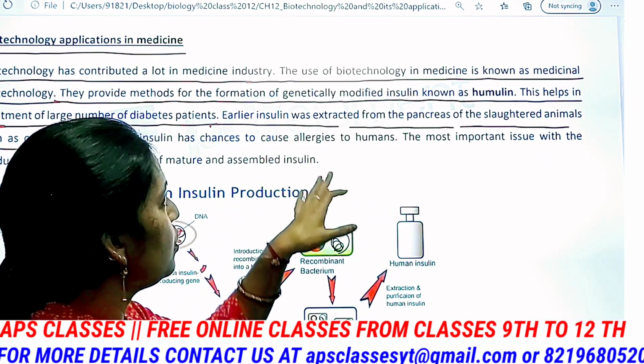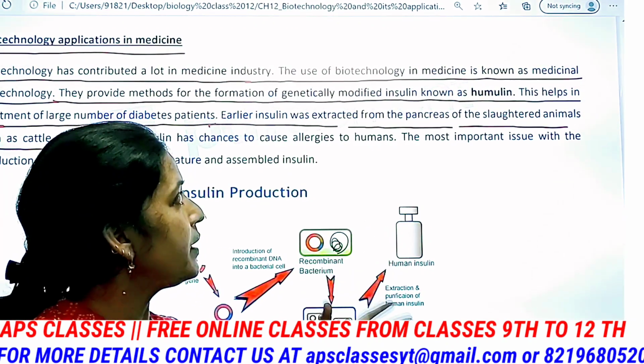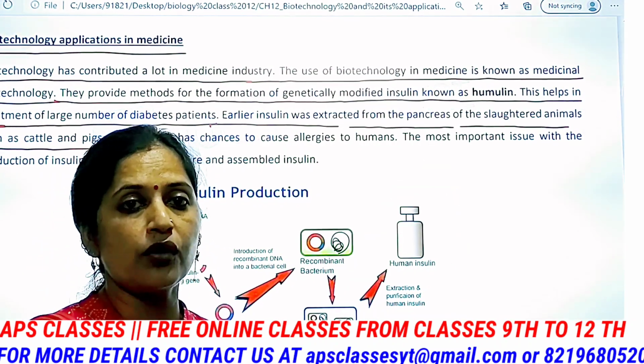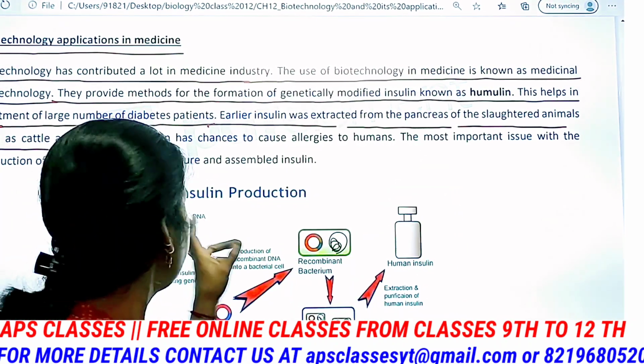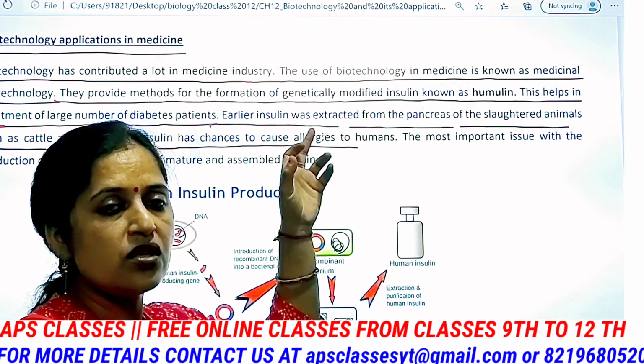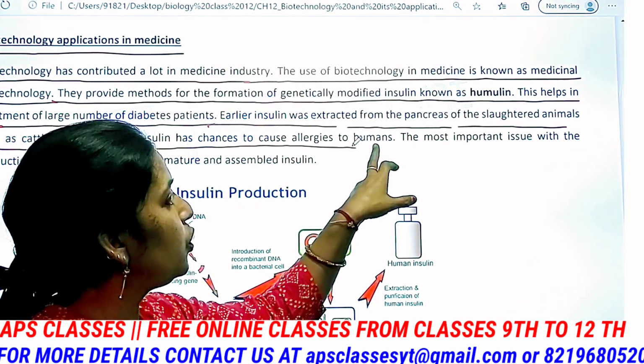So the earliest insulin was extracted from the pancreas of the slaughtered animals, and these slaughtered animals are especially cattle and pigs. Such insulin has chances of causing allergies. ऐसे insulin के chances थे कि they could cause allergies to humans.